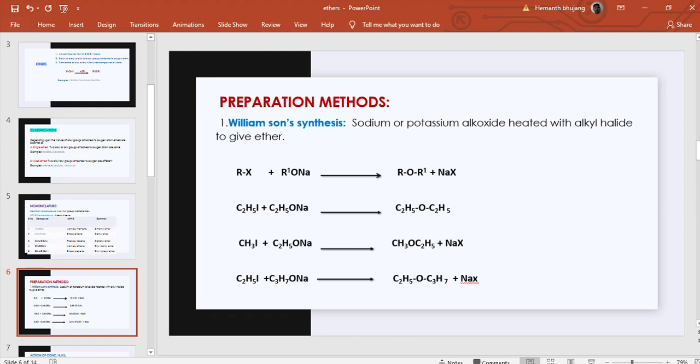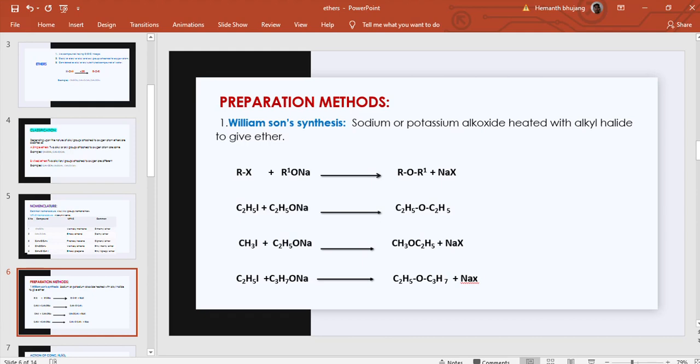So what is Williamson synthesis? In this, sodium or potassium alkoxide is heated with alkyl halide to produce ether.